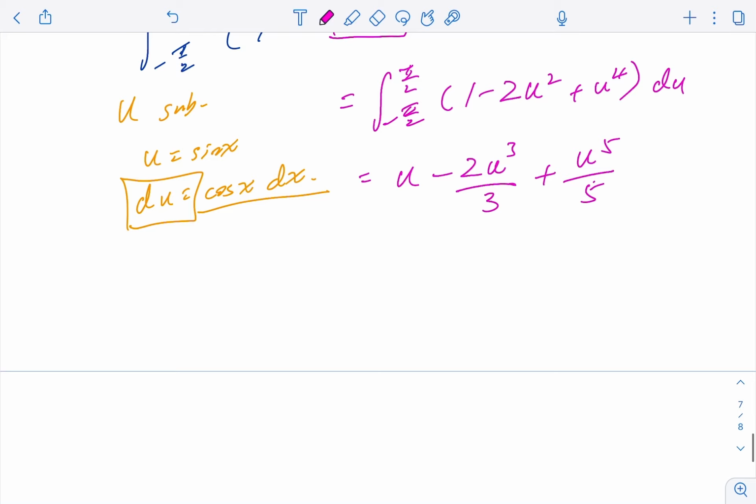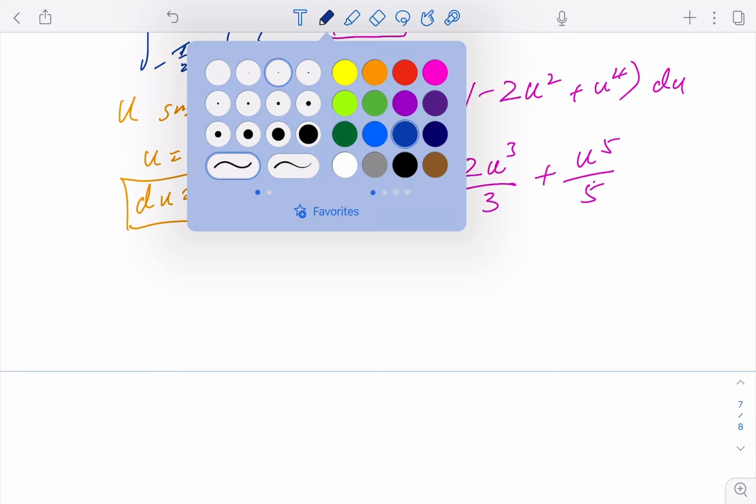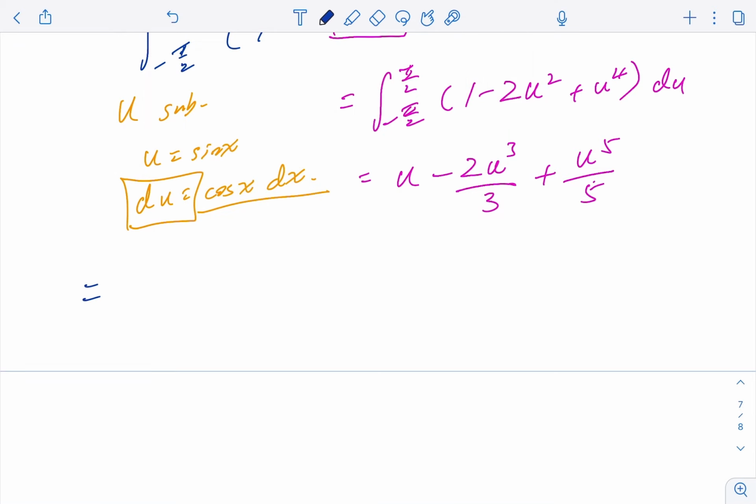Yep, and that equals sine x minus 2 sine cubed x over 3 plus sine to the fifth x over 5.